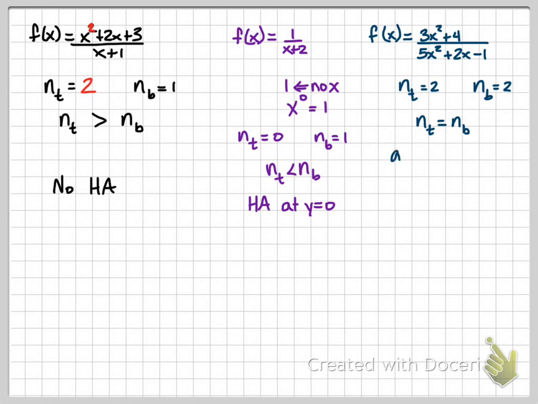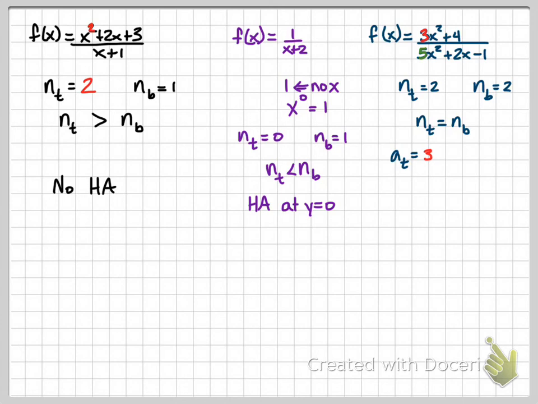The leading coefficient of the top is the number right out in front of our x squared, so that's this 3 right here. The leading coefficient of the top is 3. The leading coefficient of the bottom is the number out front, the 5 that goes in front of the x squared.